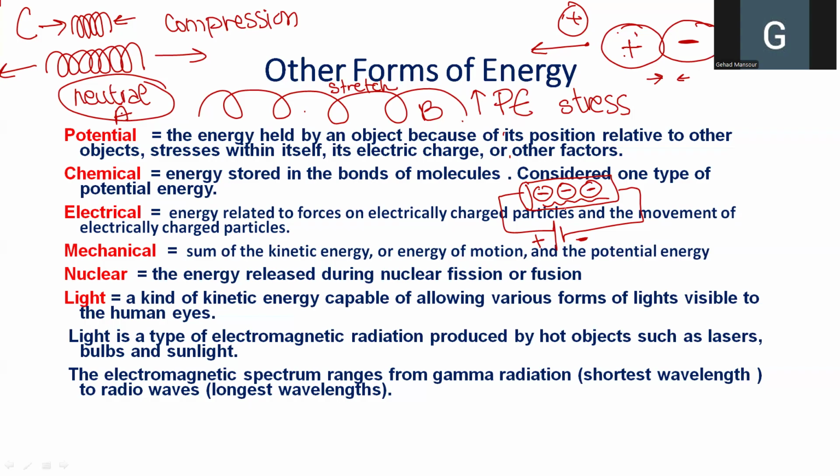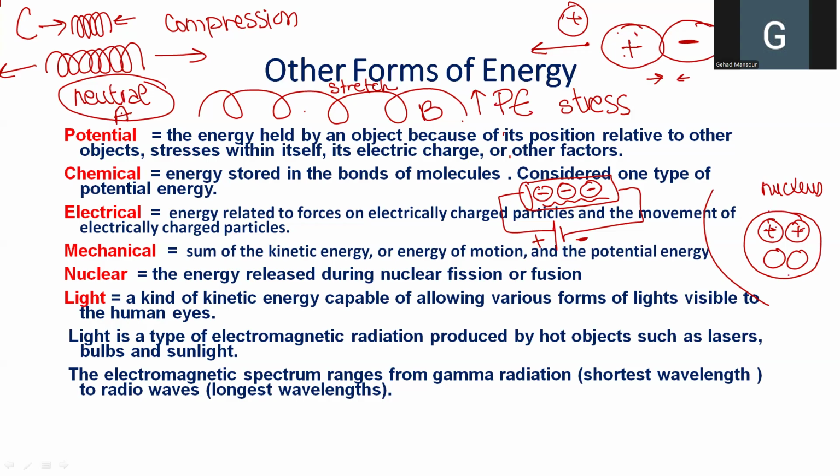And then we have the mechanical energy, and we said before that it is the sum of the kinetic energy, or the energy of motion, and the potential energy. We have the nuclear energy because inside the nucleus of the atom, not the nucleus of the cell, we have several protons and we have neutrons. These protons are supposed to repel each other and to be farther away from each other.